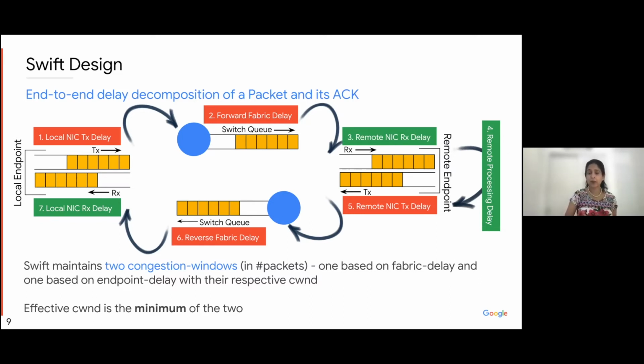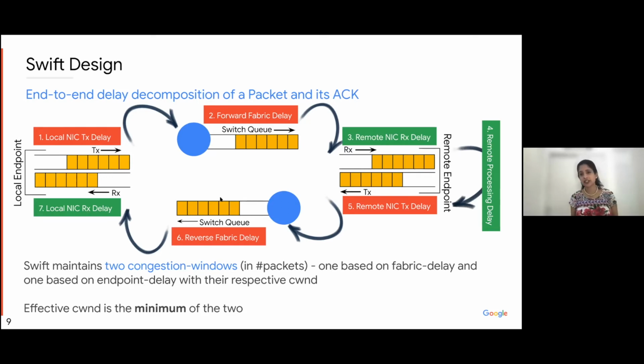In order for Swift to get complete flexibility after decomposing this delay into different components, it maintains two separate congestion windows. One congestion window is meant to handle the fabric congestion, wherein it only takes the fabric delay into account.